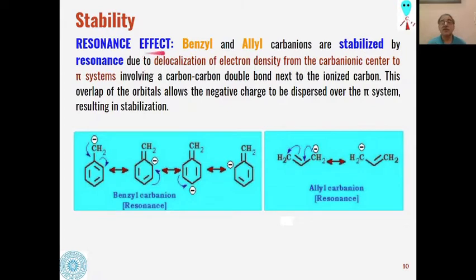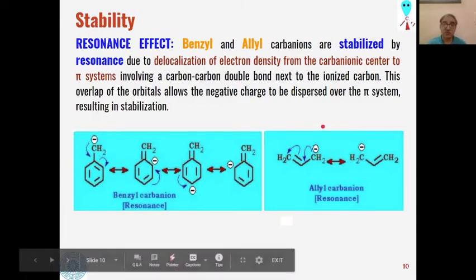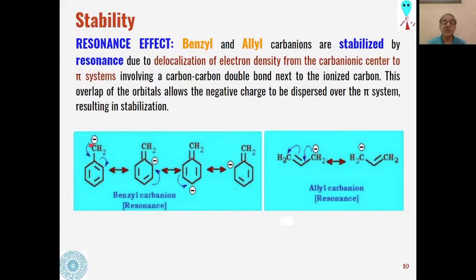Then there is the resonance effect, as we have seen in the case of carbocations. Benzyl and allyl carbanions are stabilized by resonance due to delocalization of electron density from the carbanionic center to the pi system. We can see over here that on the benzylic carbon we have the negative charge.